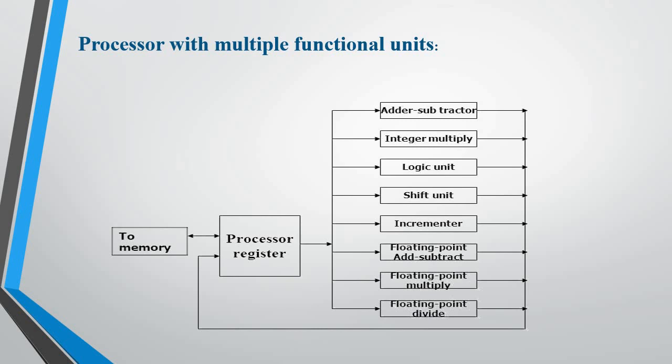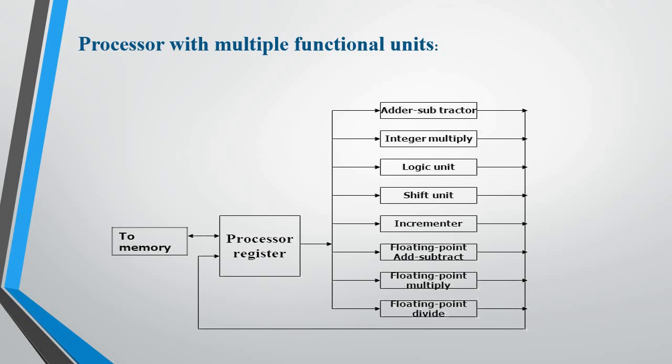Here the diagram is representing the memory, which is bidirectionally connected to the processor registers. The processor registers are connected to many operations in parallel: adder, subtractor, integer multiplier, logic unit, shift unit, incrementer, floating point add subtractor, floating point multiply, floating point divide. So all the units are connected in parallel to the processor.